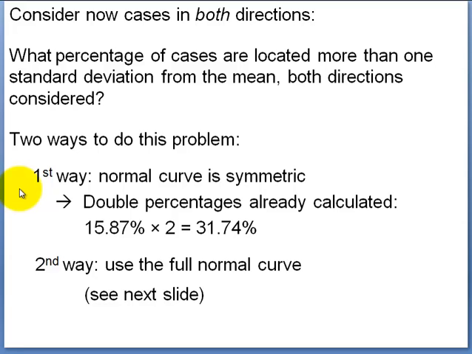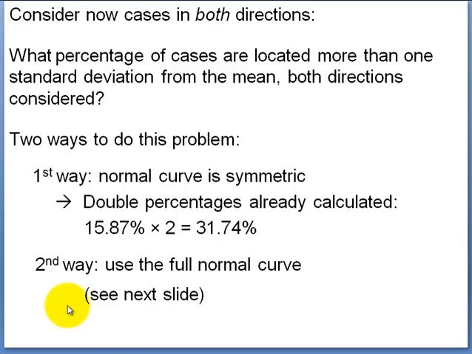If we want the percentage of cases that differ from the mean by one standard deviation or more, both directions considered, the normal curve is symmetric, so we simply double our 15.87% and conclude that 31.74% of cases are located more than one standard deviation from the mean in a normal distribution, both directions considered.